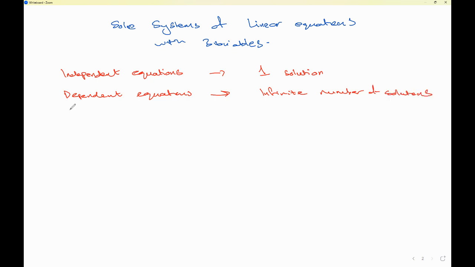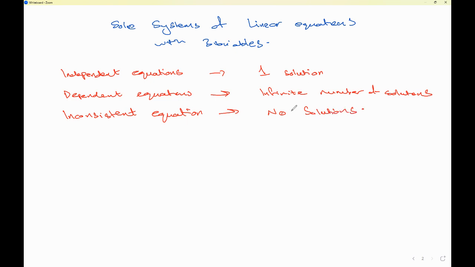And then the next one is inconsistent. An inconsistent one has no solution. All right, so there's no solution for this. Those are the possibilities in terms of the characteristics that we're having there.